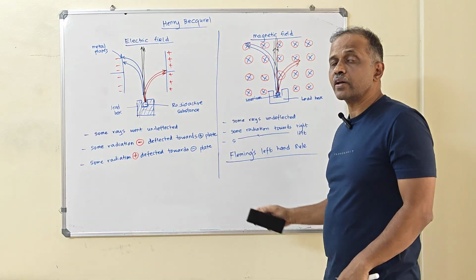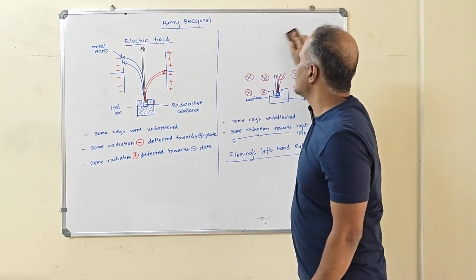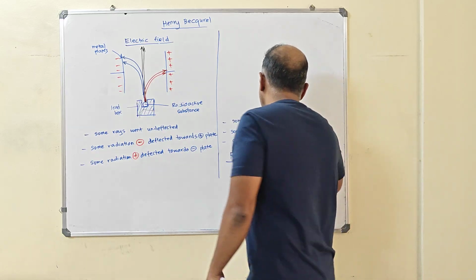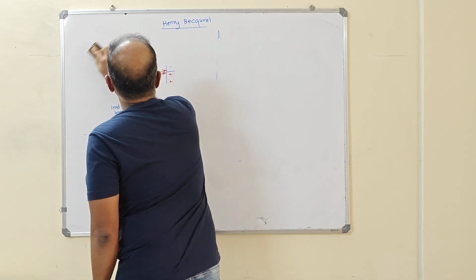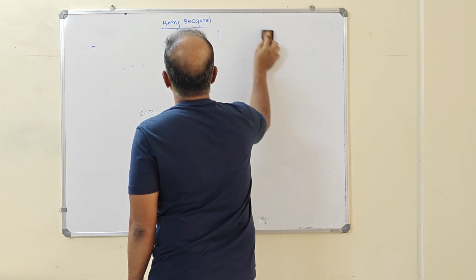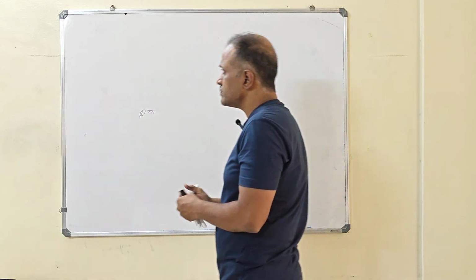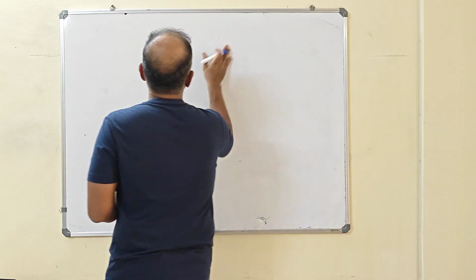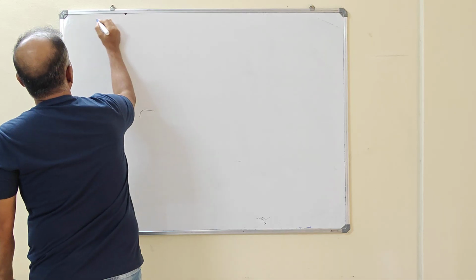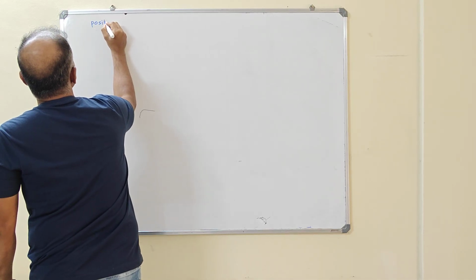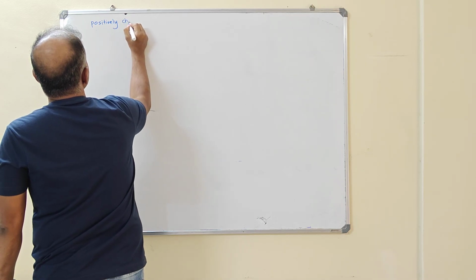So what Henry Becquerel concluded from this experiment is that there are three types of rays. One which did not have any charge, one which had positive charge, and one which had negative charge. So let me summarize all this for you. Some consisted of positively charged particles.